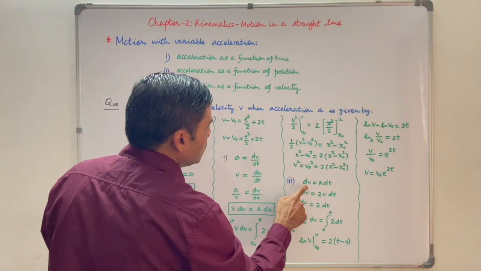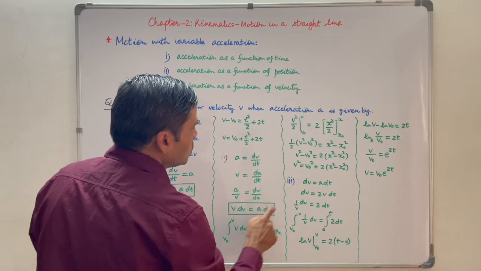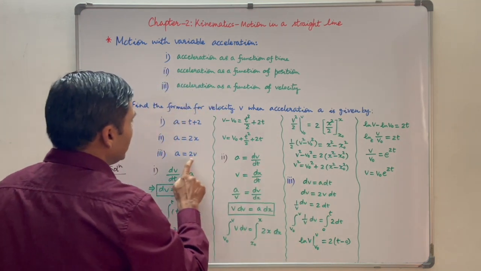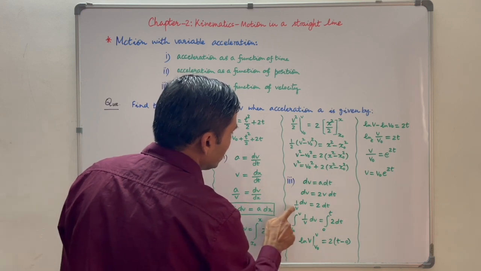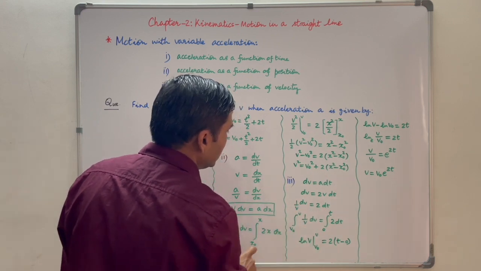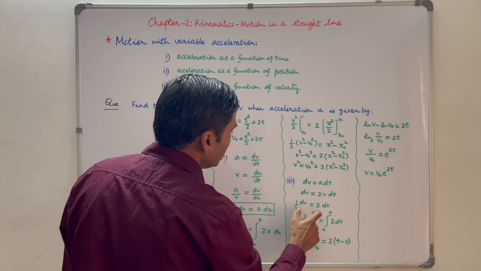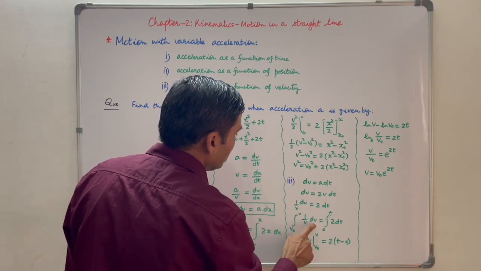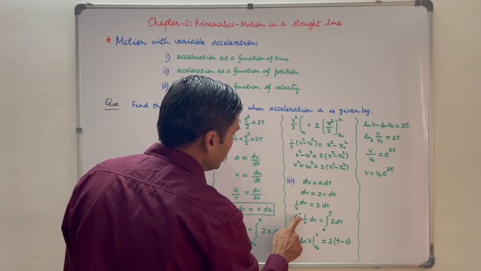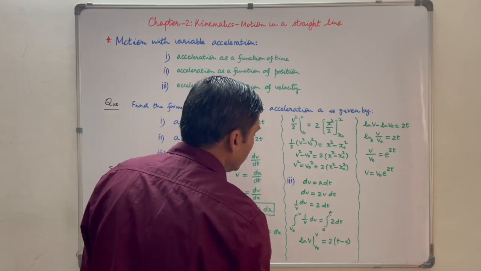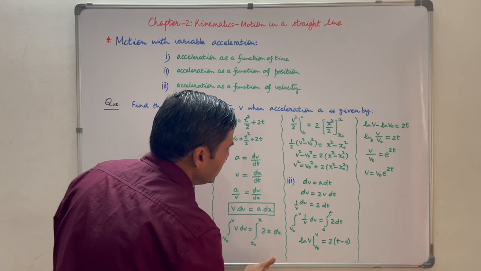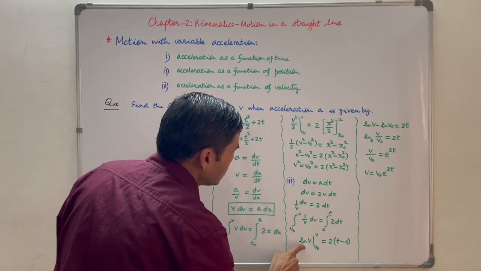Third part, we know that dv is equal to a dt. So dv is equal to, putting the value of a from here, 2v dt. Bring v on this side. So 1 upon v dv is equal to 2 dt. Now integrate both the sides within limits. Integration of 1 upon v dv within limits v0 to v is equal to integration of 2 dt within limits 0 to t. Integration of 1 upon v dv is equal to log v, that is natural log.